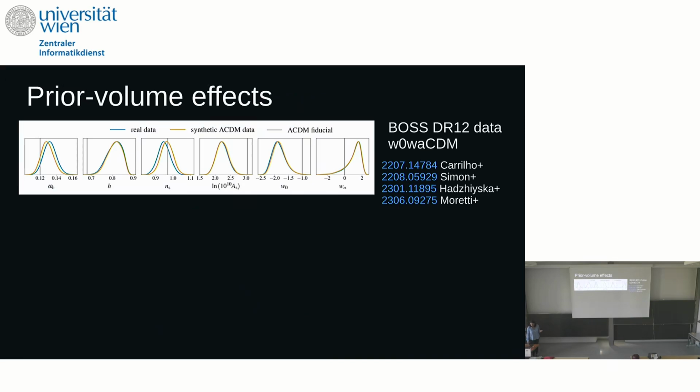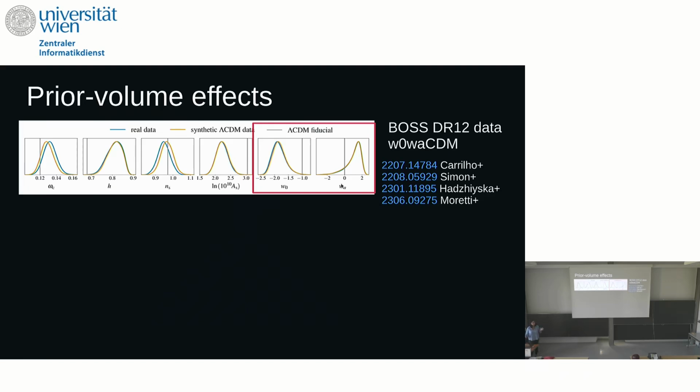For example, here is what you get. These are 1D marginalized posteriors for the cosmological parameters that we get from real BOSS data, but we also show synthetic data in orange. Here we generate the data with the same model that we use to fit them, so we should get perfect best fits. But if you focus on these two panels, w0 and wa, you get very shifted posteriors with respect to the fiducial value, which is shown here by the vertical lines.